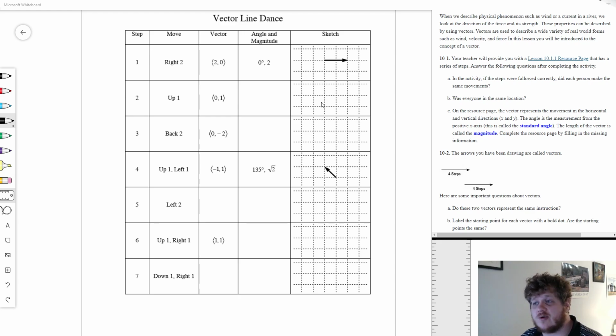If you want to, you could also physically stand up and do the moves. It's up to you. If you want to call that your physical activity of the day, woo! Otherwise, we're going to keep doing some math.